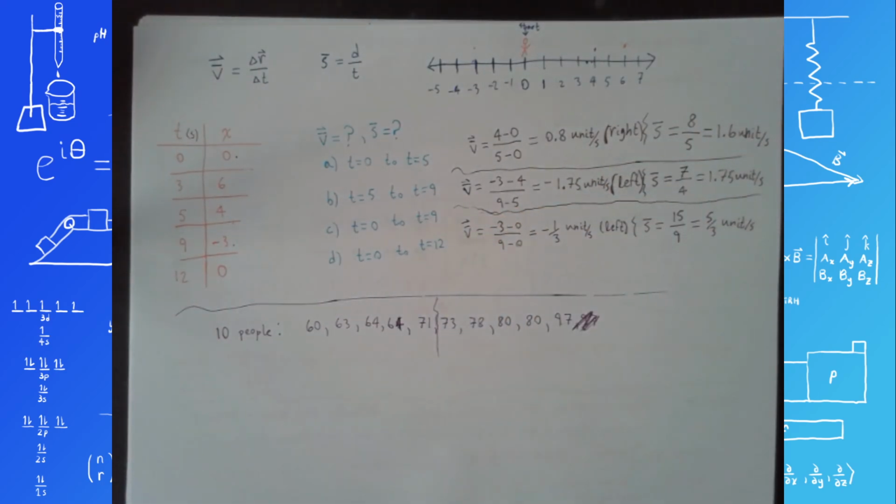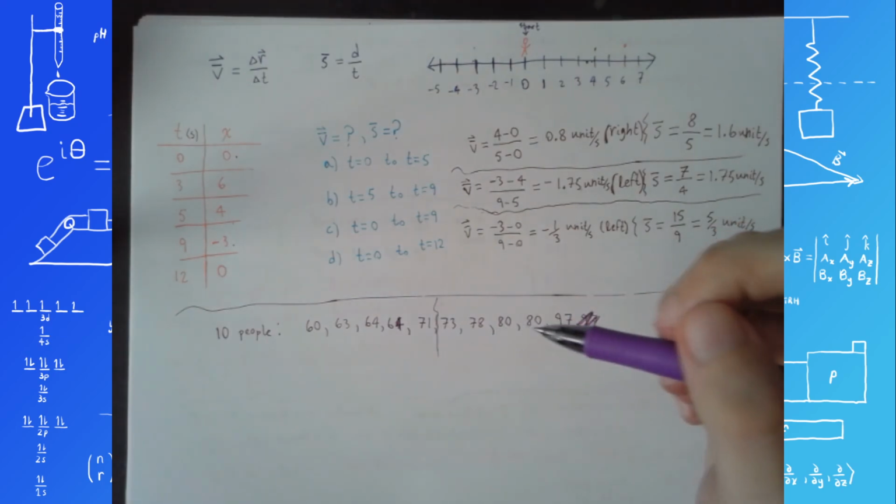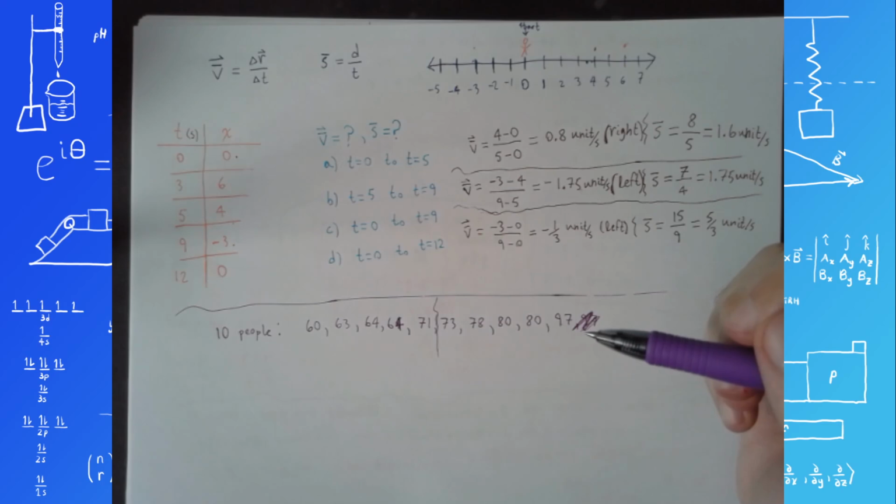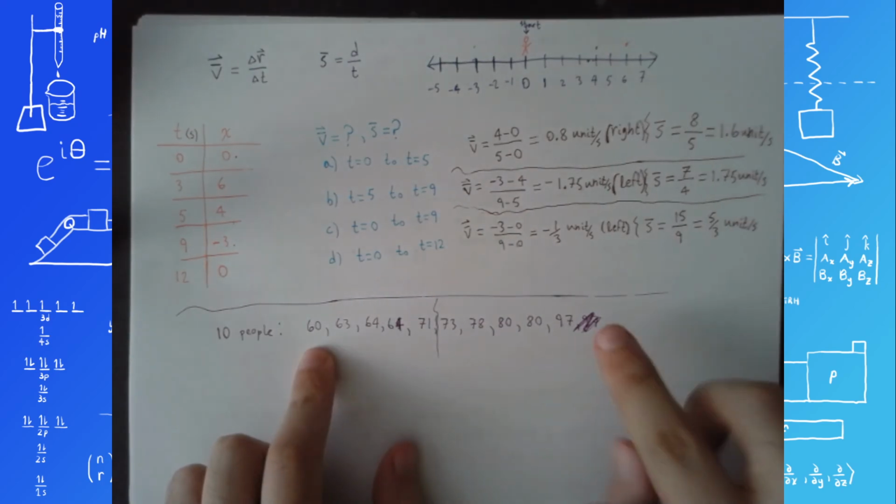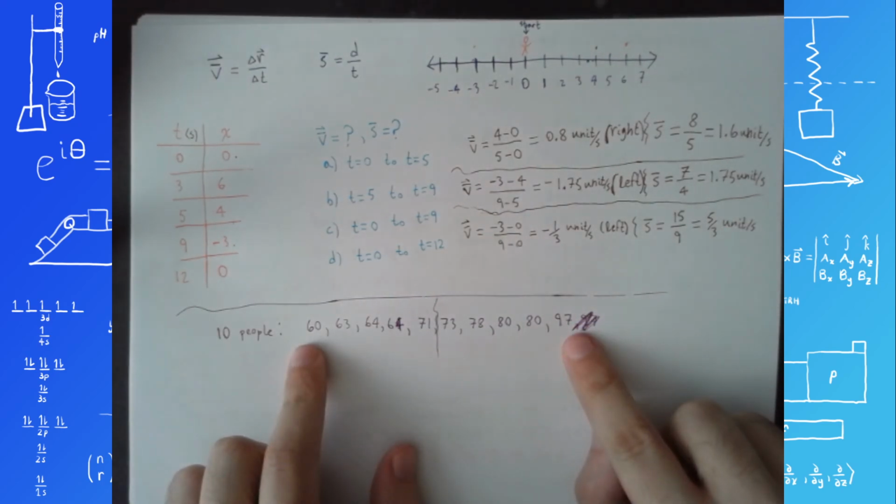If I split this down the middle, I wouldn't say that the average score of this class is 72. I wouldn't say that the average score is halfway between 71 and 73. It depends on how much each person is contributing to the average. So it's going to be somewhere between 60 and 97, that's for sure.